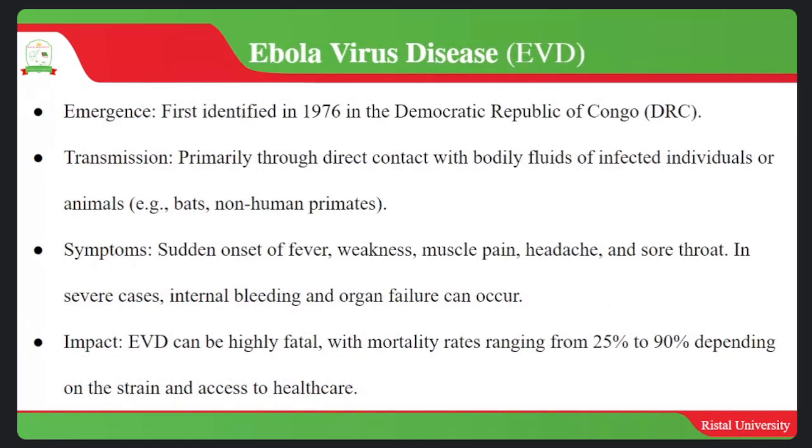So Ebola virus is also another example of emerging diseases, and it was first identified in 1976 in the DRC. It was transmitted primarily through direct contact with bodily fluids of infected individuals or animals, in particular bats and non-human primates.